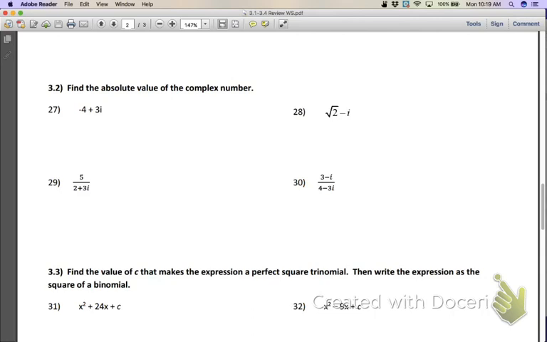The absolute value of a complex number is just going to be the square root of a squared plus b squared. So a is negative 4, b is just 3. So I'm going to take the square root of negative 4 squared plus 3 squared.